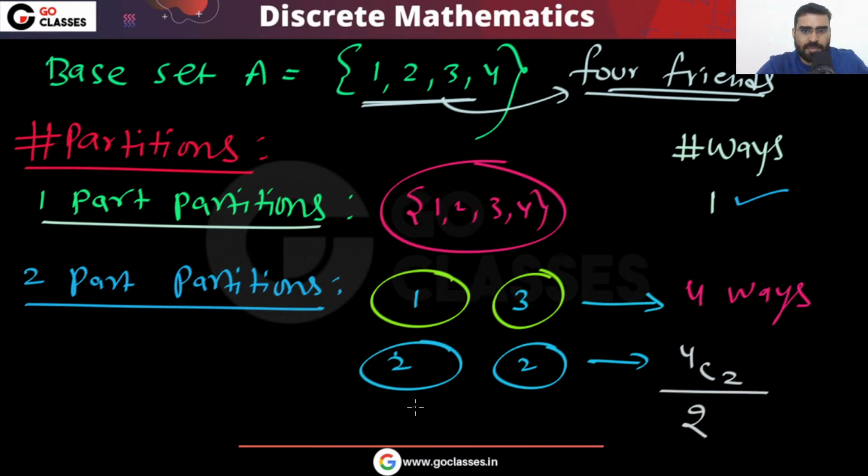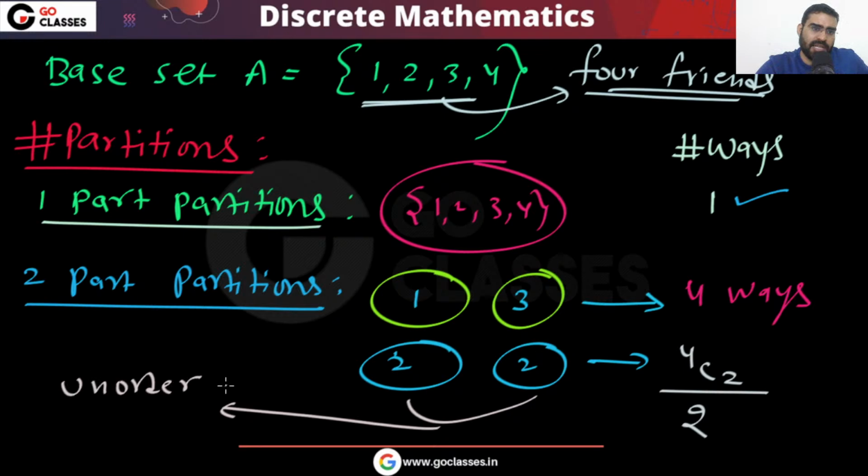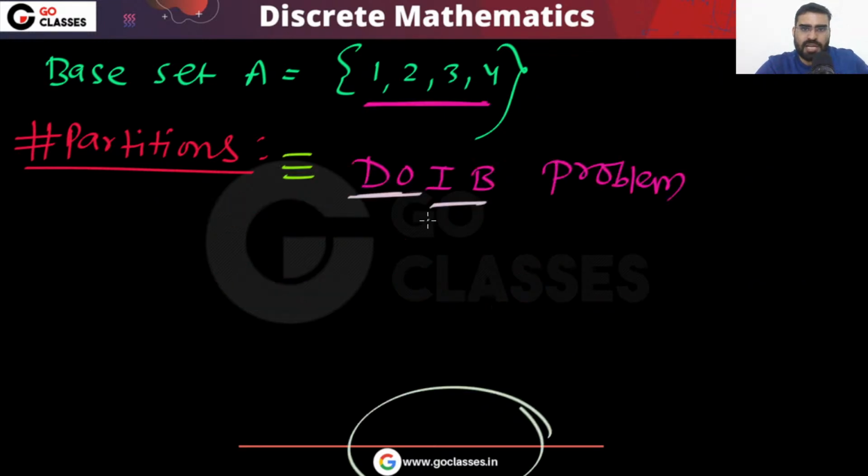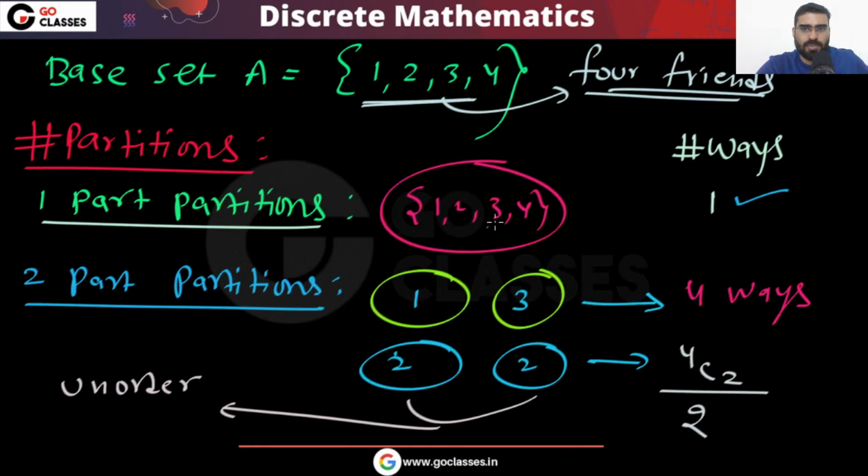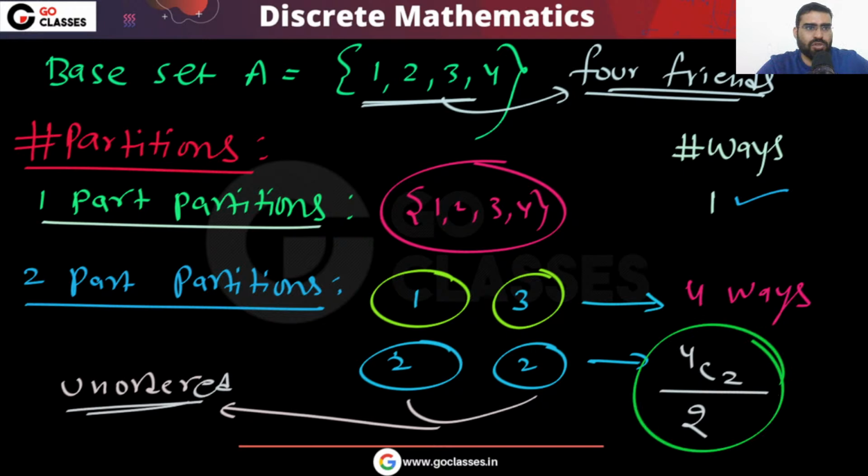This is unordered, because ultimately, as I told you, these are identical boxes: 4 distinguishable friends going to 2 rooms, and the rooms are the same. That is the reason you have to divide by 2. So 4C2 is 6, divided by 2, that will be 3 ways.